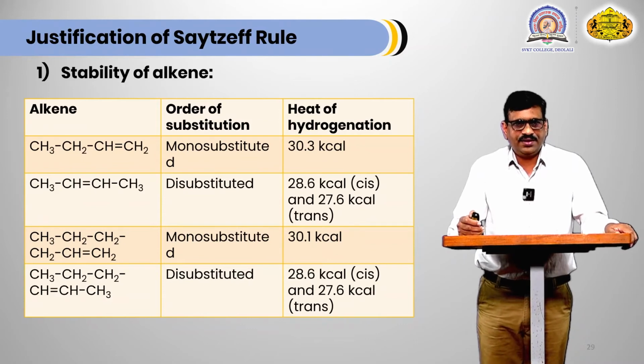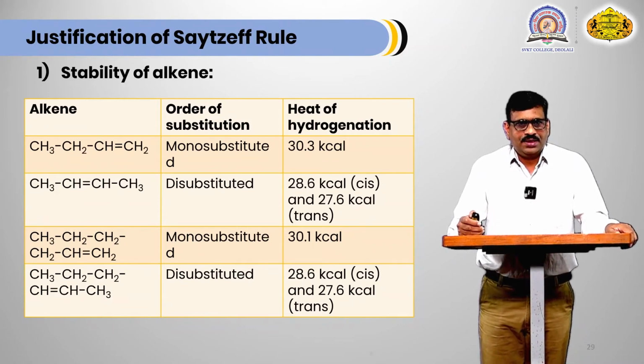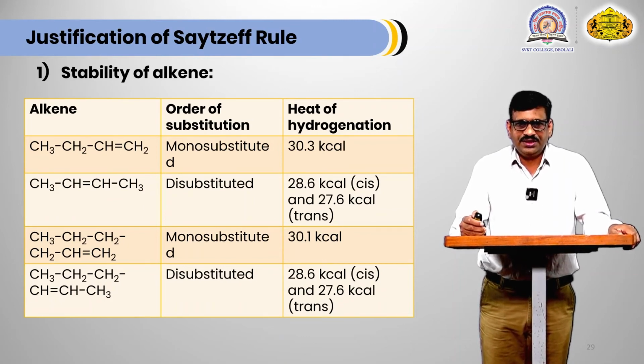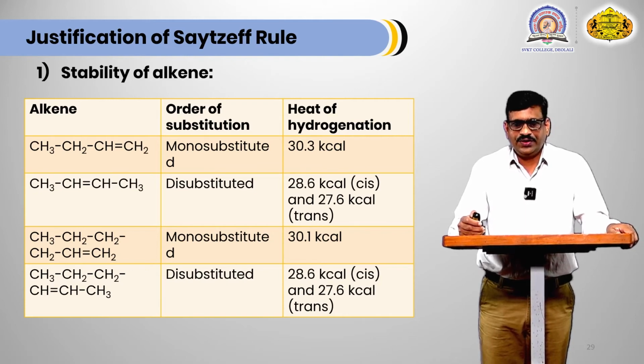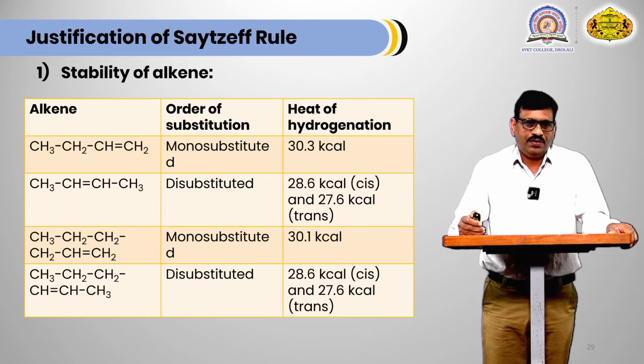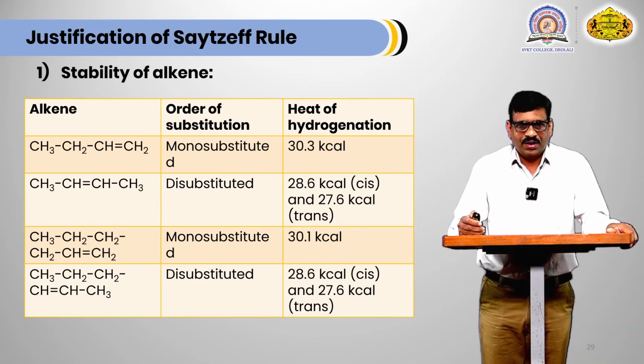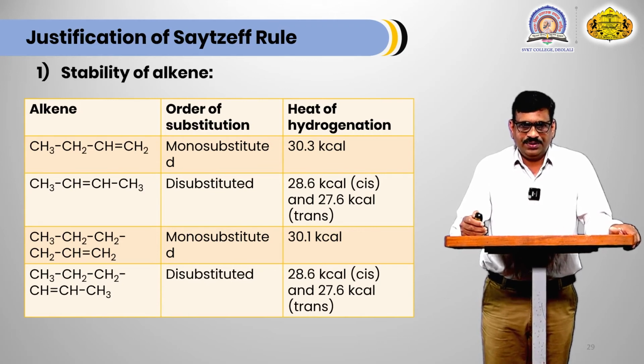Here there are some examples. First is 1-butene. It is a mono-substituted alkene and its heat of hydrogenation is 30.3 kilocalorie per mole. Heat of hydrogenation is the energy or heat evolved when there is addition of hydrogen across a carbon-carbon double bond.